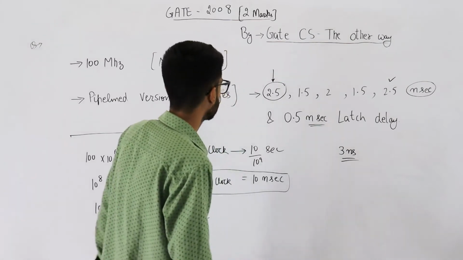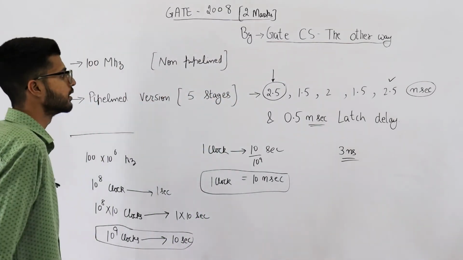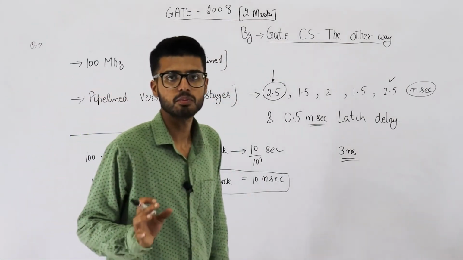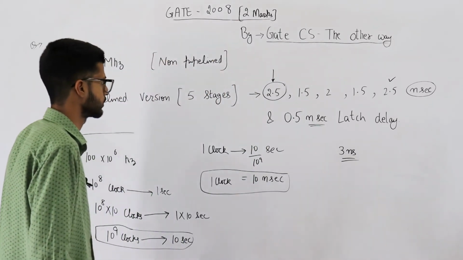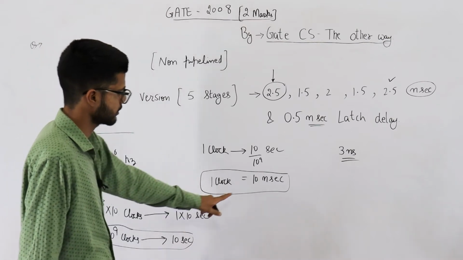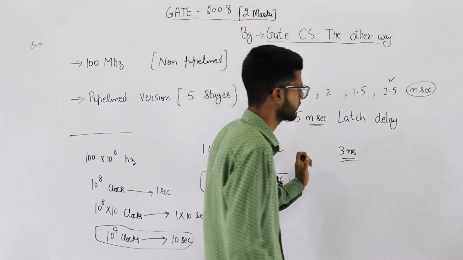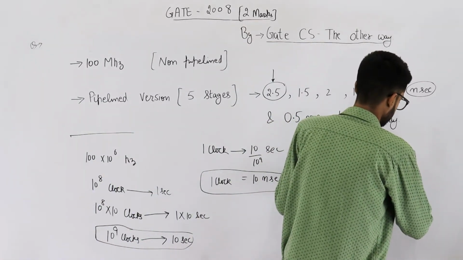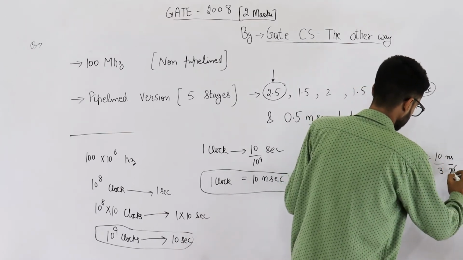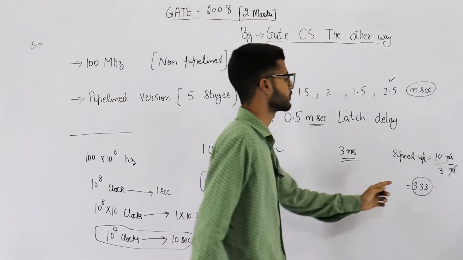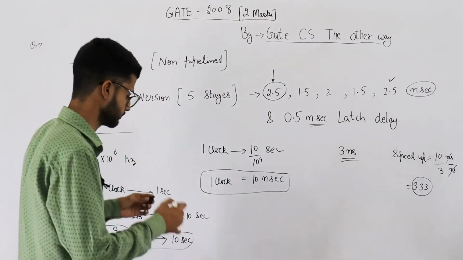Now you just know the formula for speed up. It's time taken by non-pipelined processor divided by time taken by pipelined processor. That means it is 10 nanoseconds divided by 3 nanoseconds. This is your answer, 3.33.